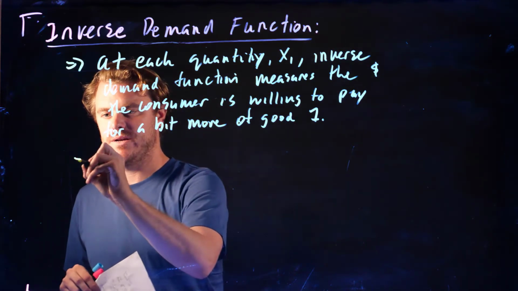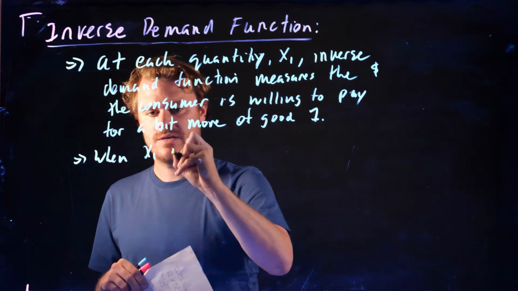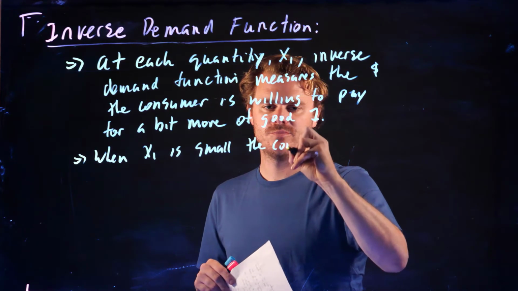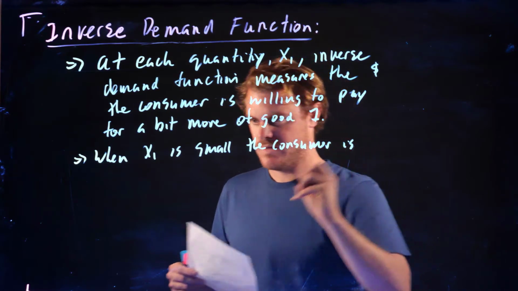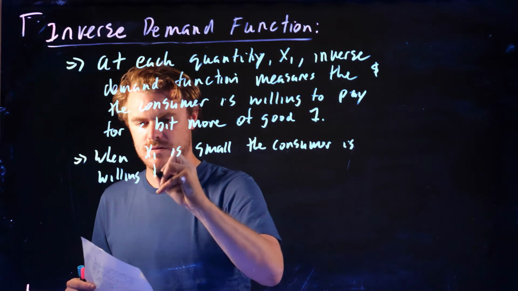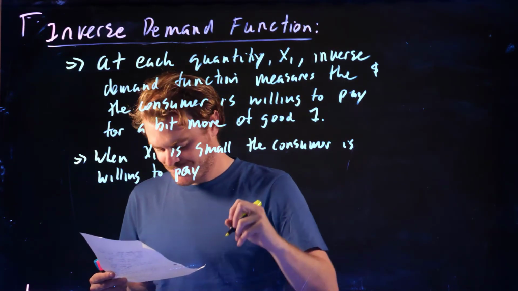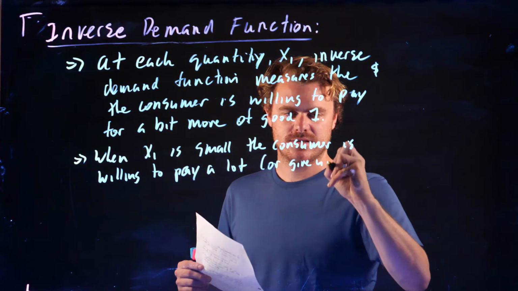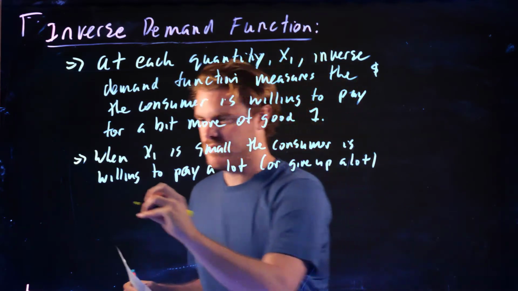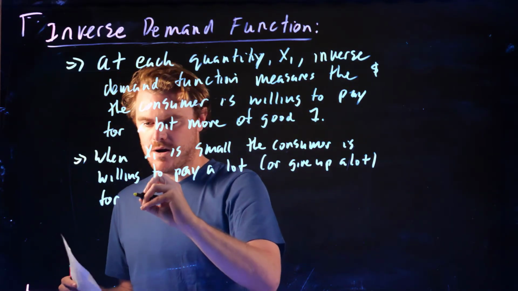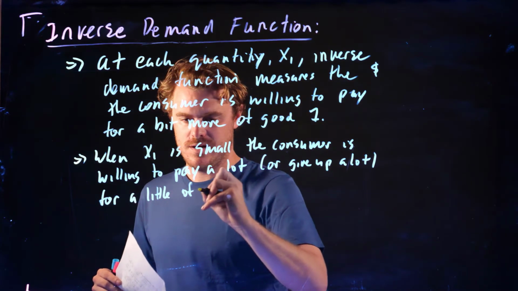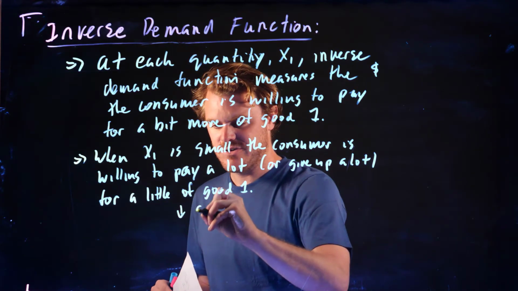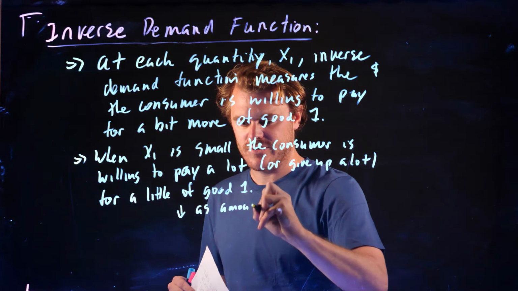So when x1 is small, the consumer is willing to pay a lot, or give up a lot, for a little of good one. And that's going to decrease as the amount of good one increases.